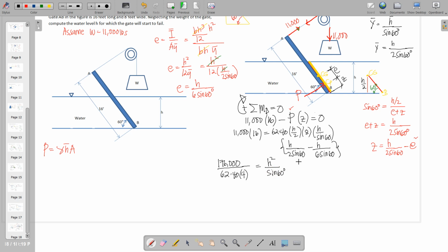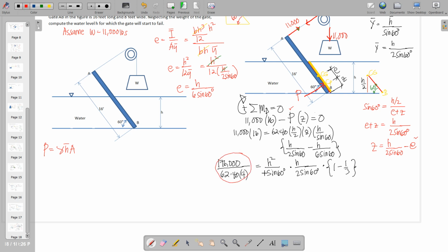Then we factor out H on this equation. H are common, right? So we factor out H over 2 sine 60. So what would be left here is 1 minus 1/3. By manipulation, actually, we can get the value of this.